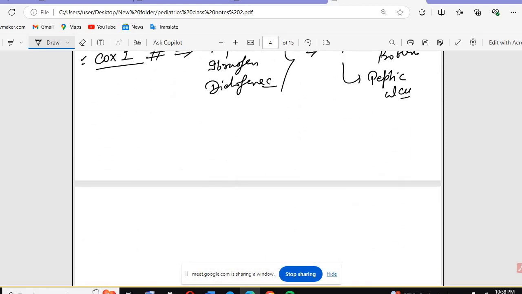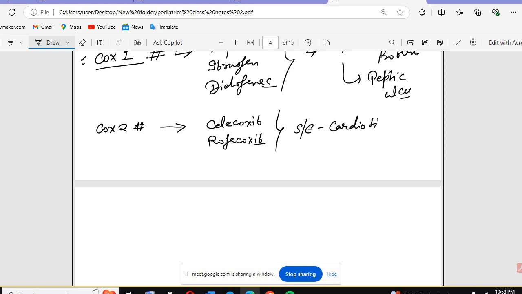After that we made COX2 inhibitors like celecoxib and rofecoxib. They also inhibit the cyclooxygenase enzyme, but they have a side effect: they are cardiotoxic. Then we discovered COX3 inhibitors, like paracetamol, which also has a side effect: it is hepatotoxic.